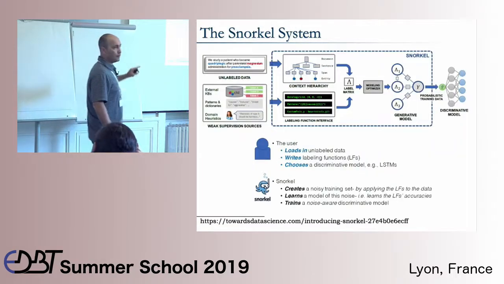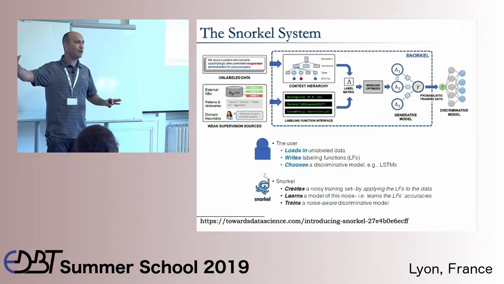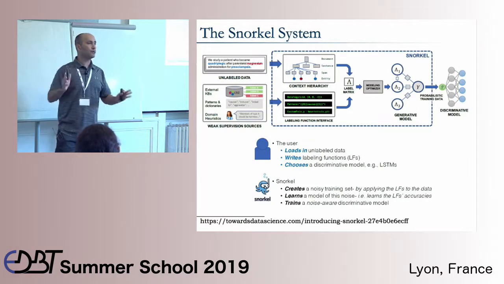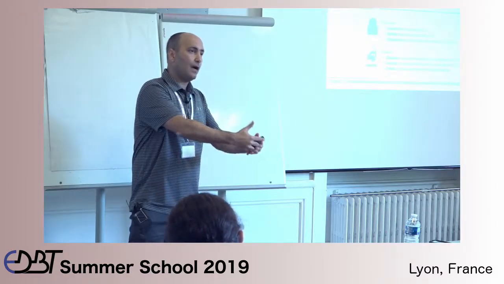But in the Snorkel system, they basically said there are no features, there are no factors, there are no rules, there are only examples. The rules that used to be defining the features, or the factors, are now defining the labeled examples.